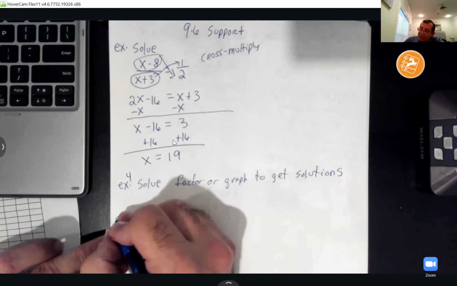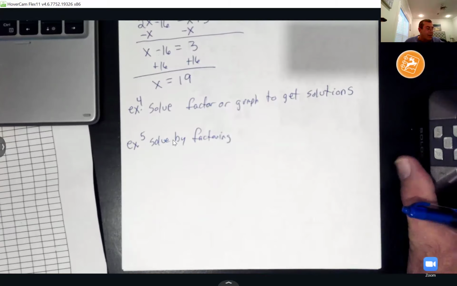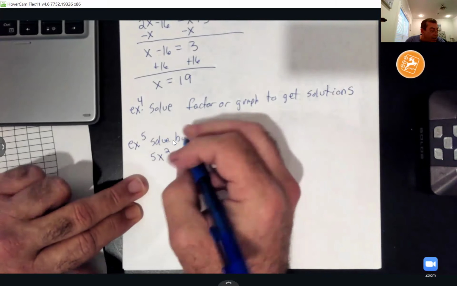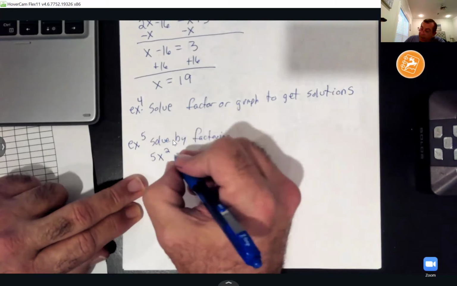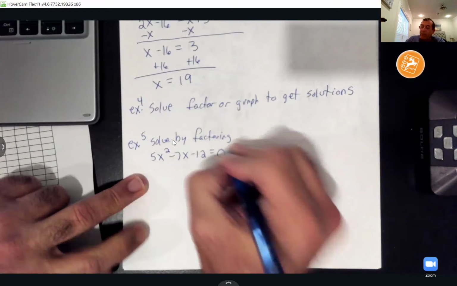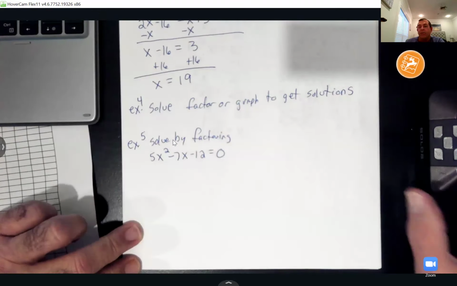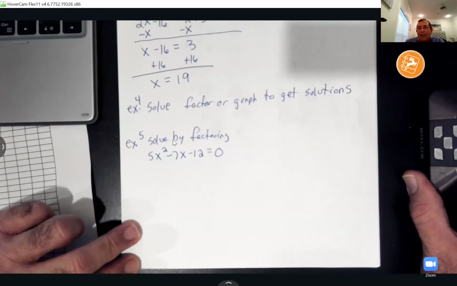So I'm going to show you how I would do number 5 because it's got a number in front of the x squared, okay? So this is 5x squared minus 7x minus 12 equals 0. So I wanted to show you how I do the ones when they got the number in front because we ain't really done many of these.